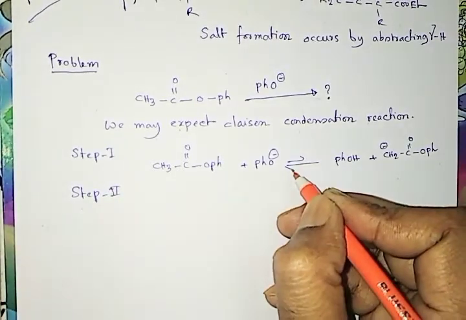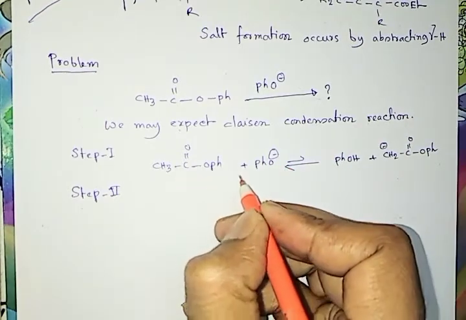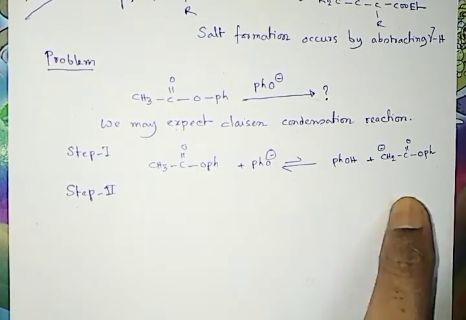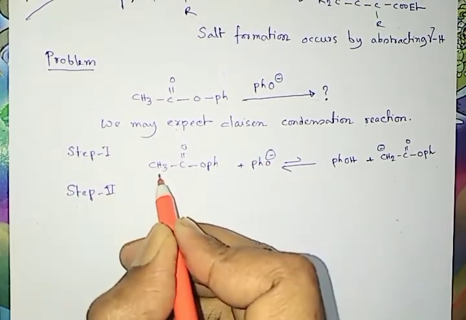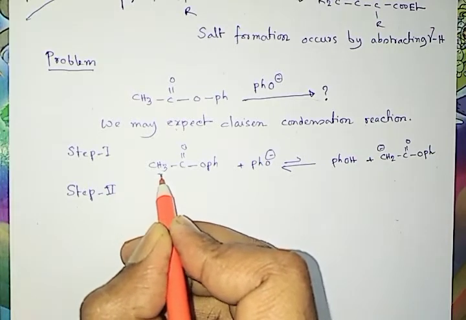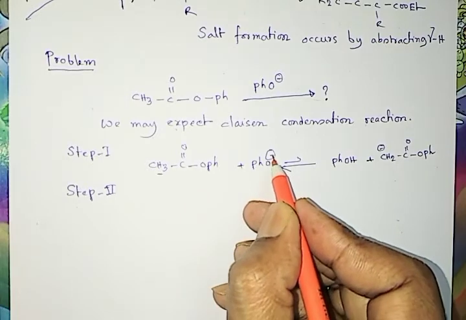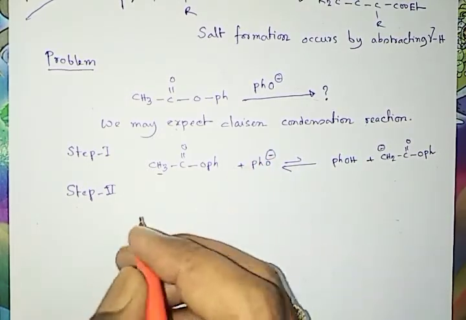This reaction will mostly remain on the starting material side, as the phenoxide is not that strong a base to abstract this alpha proton. Phenoxide is not a very strong base because its negative charge is resonance stabilized by the phenyl ring.